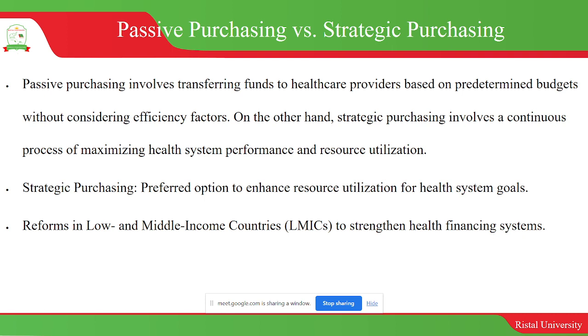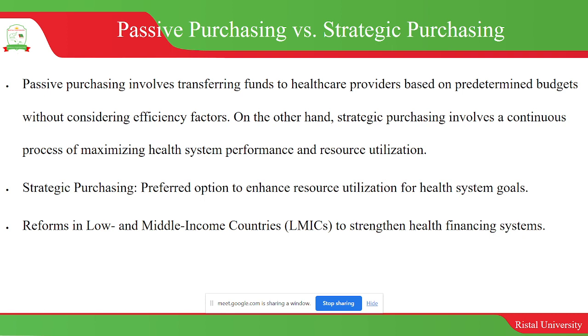This is where you have passive purchasing, which is that resources are transferred to healthcare providers because the budget says that every primary healthcare center should receive 5 million SSP per quarter.